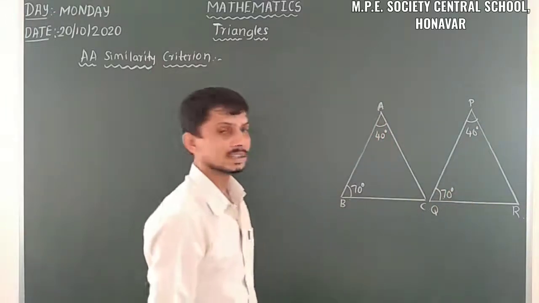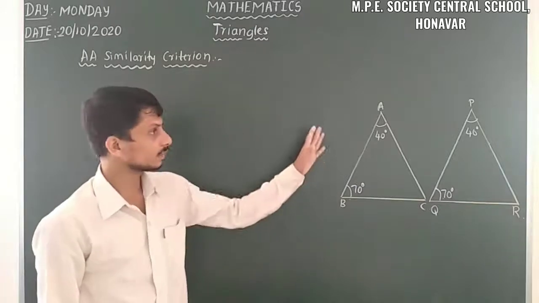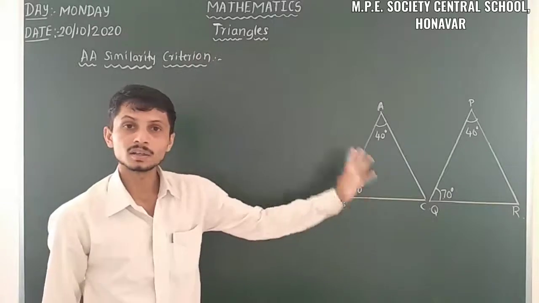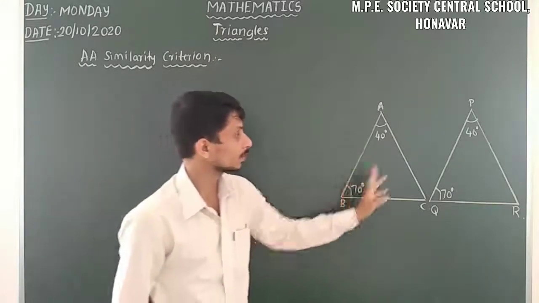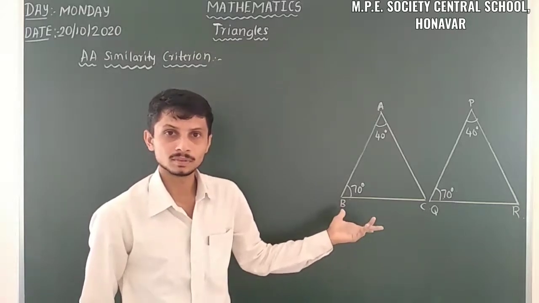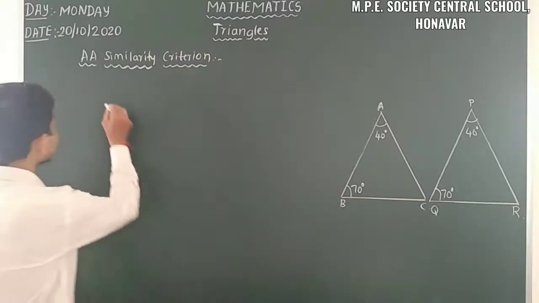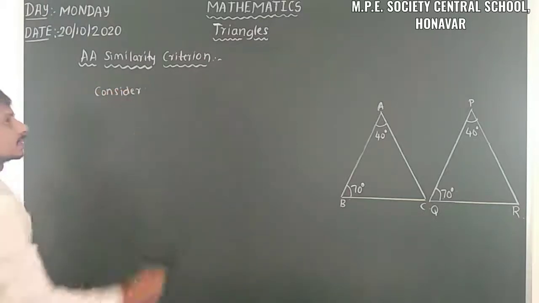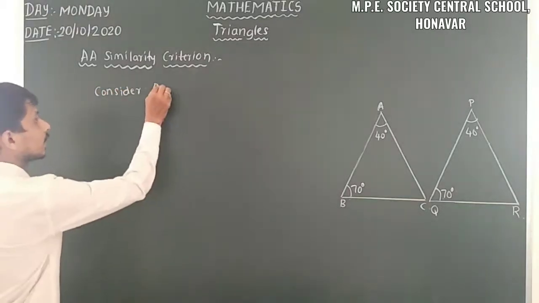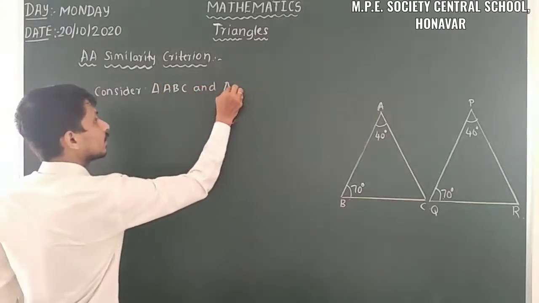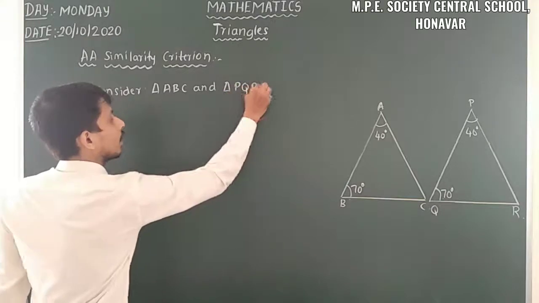So that means in these two triangles ABC and PQR, the two pairs of corresponding angles are the same. So let us consider triangle ABC and triangle PQR.